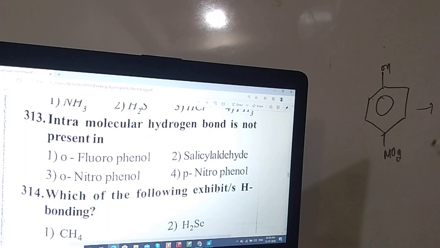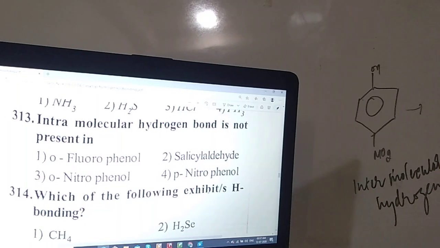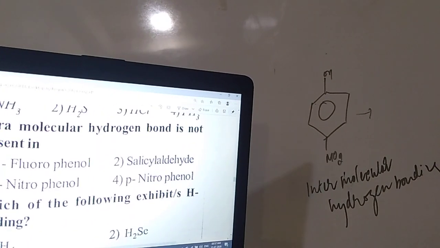The kind of hydrogen bonding in this molecule is intermolecular, not intra. Intermolecular hydrogen bonding is present in paranitrophenol, not in orthonitrophenol.